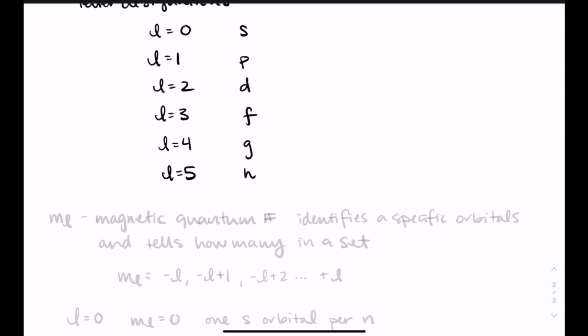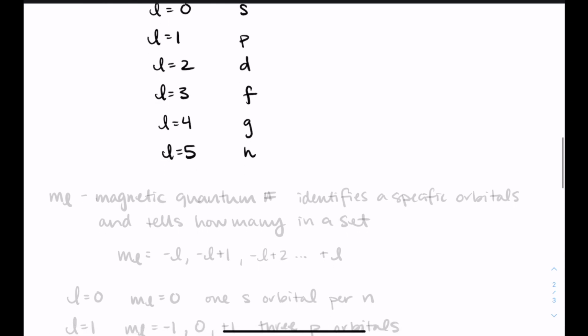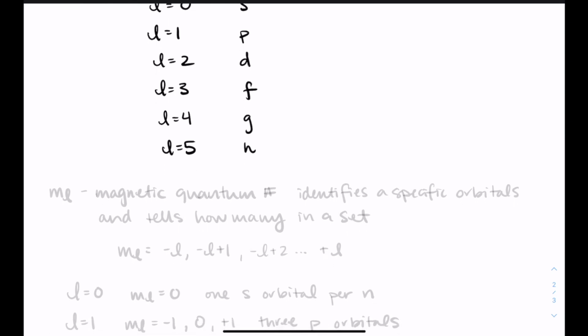Now, beyond this, we have these fancy letters s, p, d, f. If you go up to L equals 4, there's no fancy letter after that. We just continue the alphabet. So L equals 4 is g because it comes after f, and L equals 5 is h because it comes after g. You won't have to deal with g and h orbitals except in theoretical circumstances.